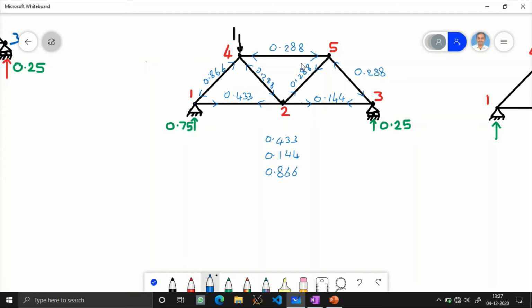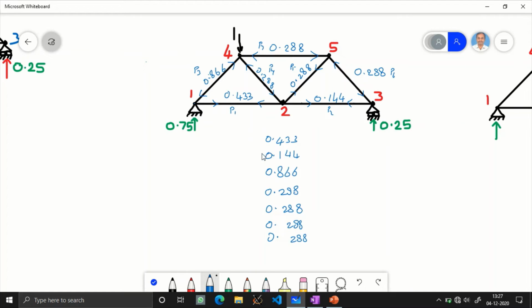Then the remaining forces are 0.288, 0.288, 0.288, 0.288 and 0.288. I have to write these in sequential order because this force is my P1, this is P2, this is P3, this is P4, P5, P6, and here I have P7. In the same order I have written this.